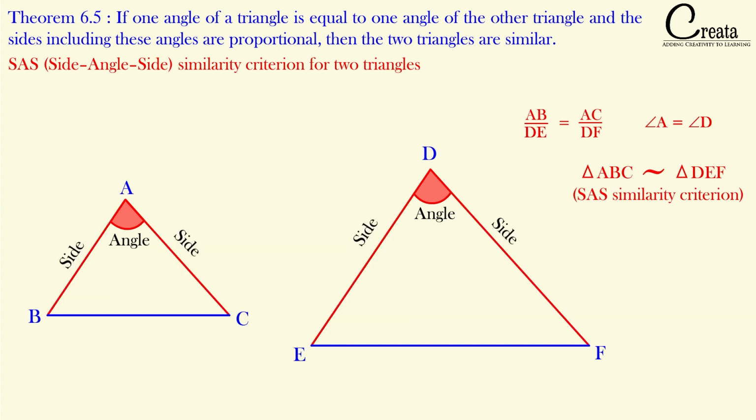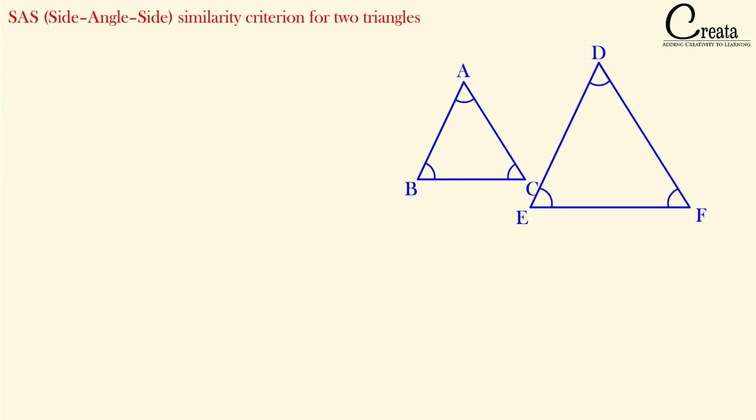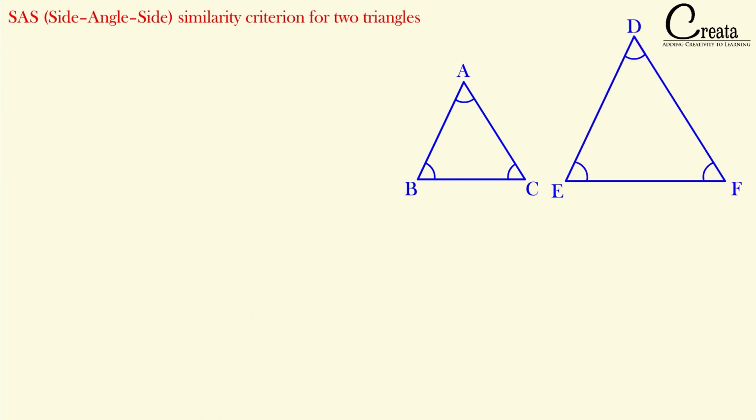For proving the same, let's check the triangle ABC and triangle DEF. Here the two sets of the ratio of the corresponding sides will be equal to each other. Let's check the corresponding sides AB and DE and also AC and DF. So basically it is given that AB upon DE is equal to AC upon DF.